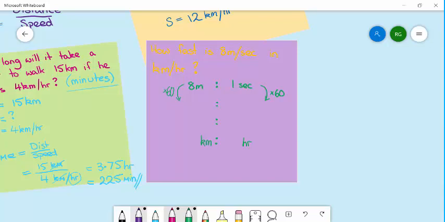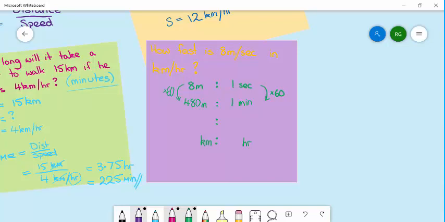The reason being, if I multiply 1 second by 60, I'm going to get 60 seconds or 1 minute. But if I do that to the right-hand side, I have to do that to the left. So over here, I'm going to get 480 meters. It's covered in 1 minute running at that speed.